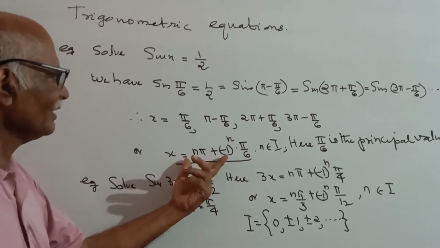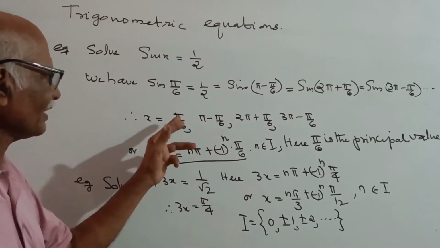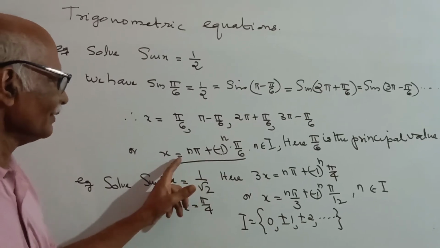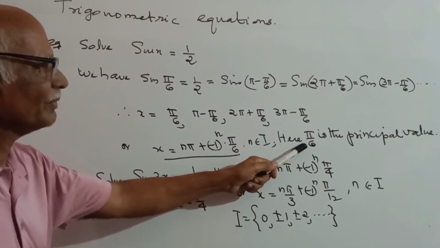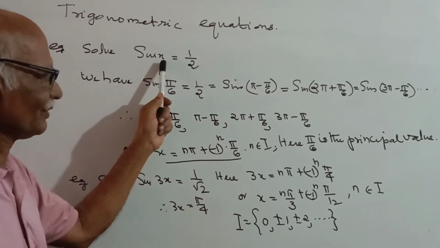This is called the general solution. These are particular solutions and this one is the general solution. Now pi by 6 is called the principal value of x.